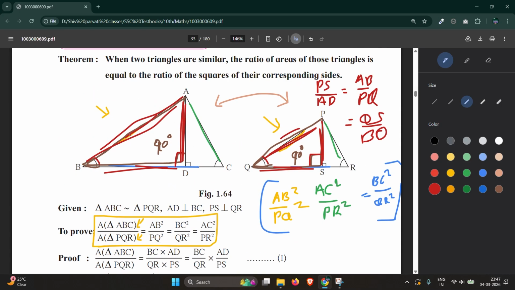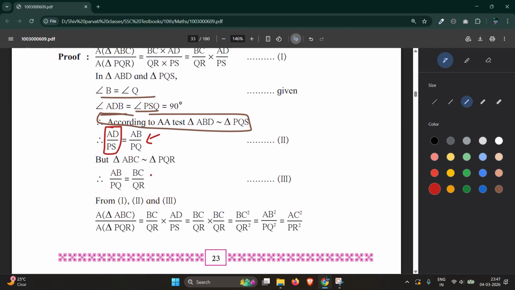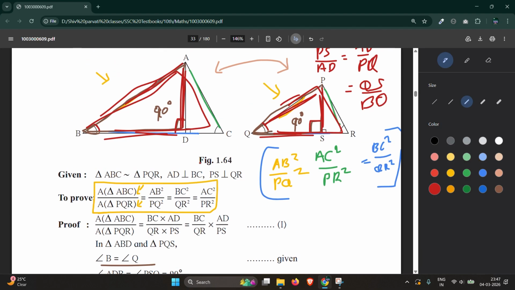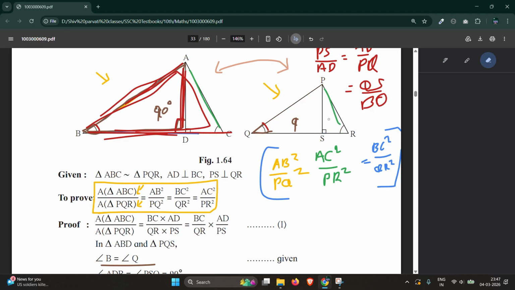But these outer triangles are also similar, right? Because that was already given in the question. So the ratio AB upon PQ is also the same as the ratio BC upon QR. Let me just reduce the clutter a little bit.